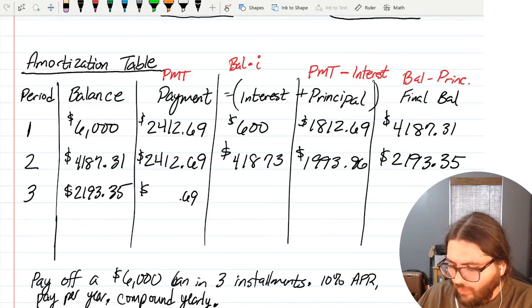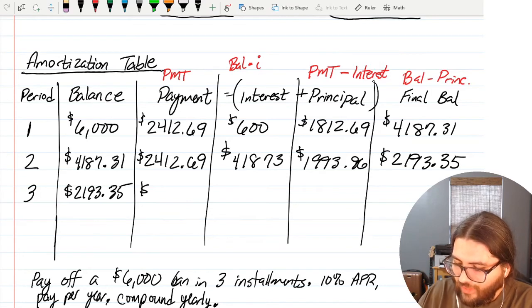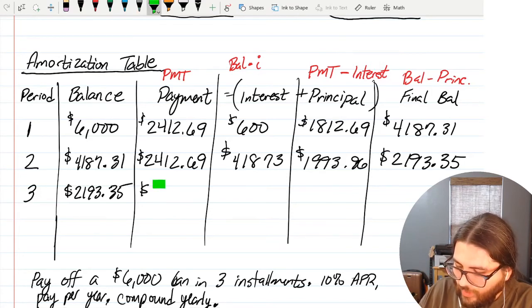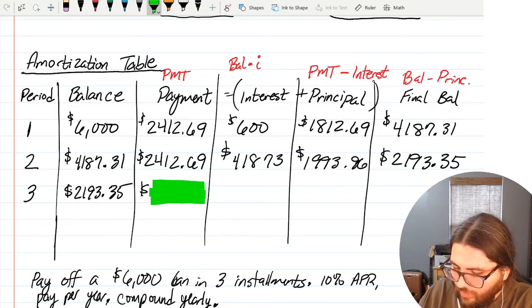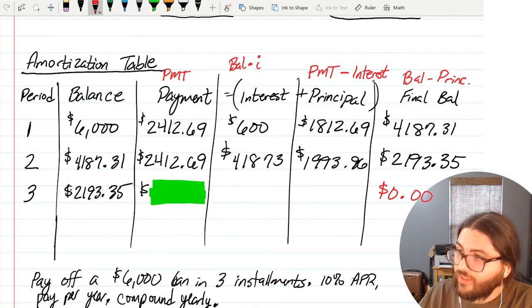Let me calculate first how much interest there's going to be. So this last payment is always filled in at the end. I need this payment to be exactly as big as it needs to be so that the final balance is 0.